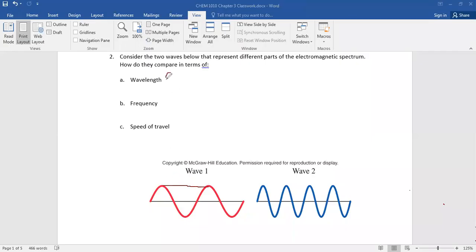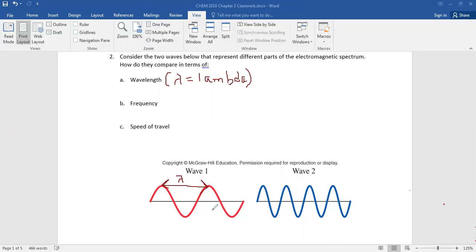Wavelength is known by the Greek letter lambda, which has this symbol. So that is the Greek letter lambda, which is a symbol for wavelength. So there's the wavelength from the peak of the first wave to the peak of the second wave.